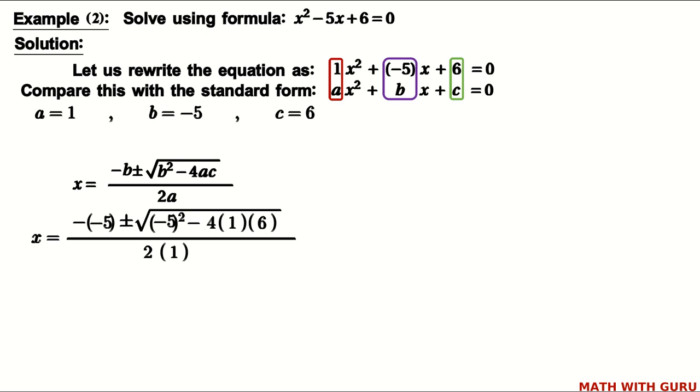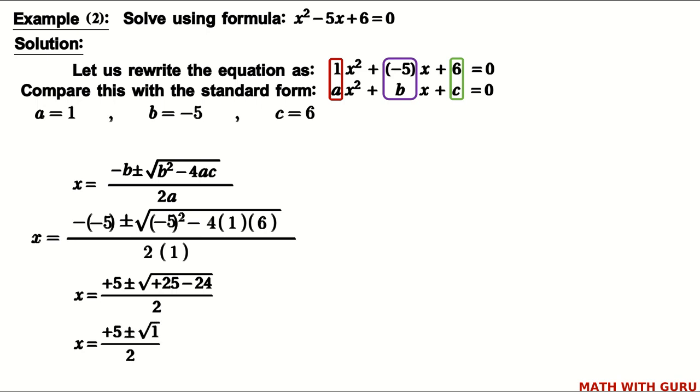Let us simplify this. x equals minus of minus is plus 5 plus or minus root of minus 5 whole squared is plus 25, minus 24, whole divided by 2.